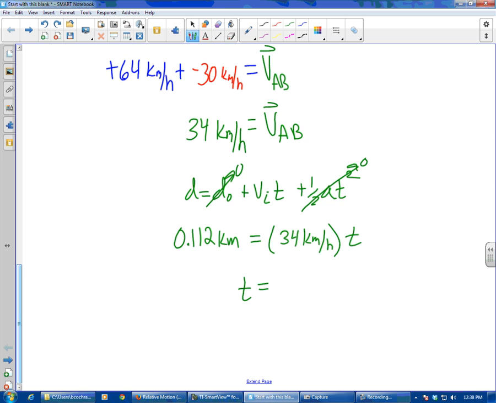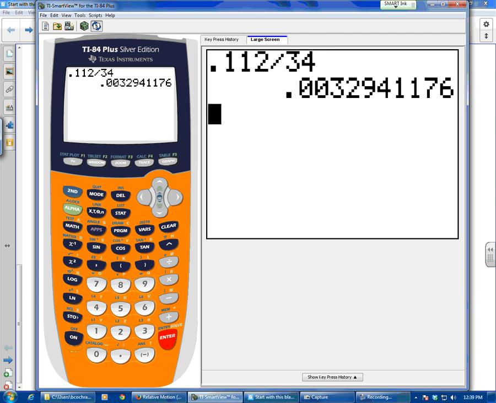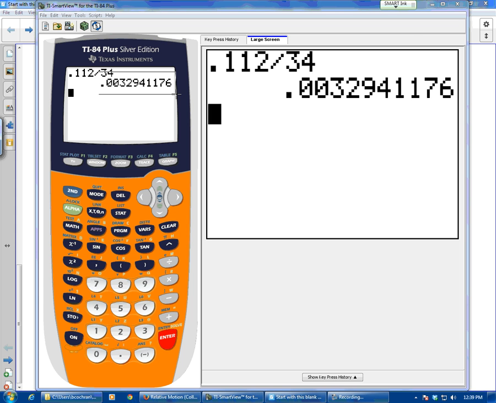So this is where I'm going to pull out my calculator and do 0.112 divided by, what did I have there? 34. 34. And I will get that many hours. Not many hours. Small number. So I don't feel like writing that small number.